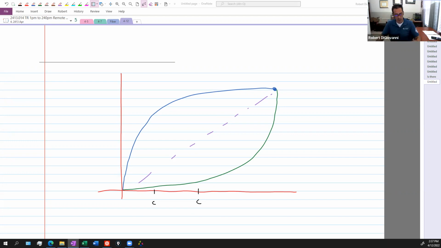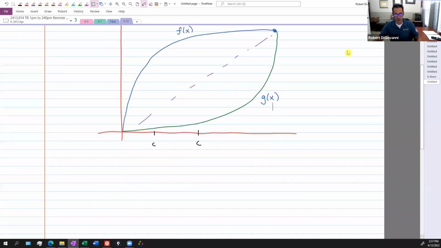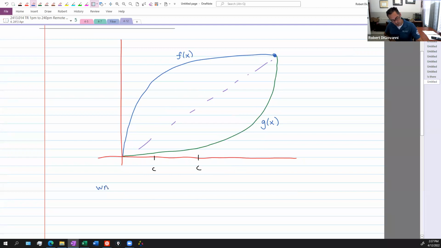So here we go. Here's how I'm going to do it. I'm going to call this function up here f of x. I'm going to call this function down here g of x. Here's what I want to show.